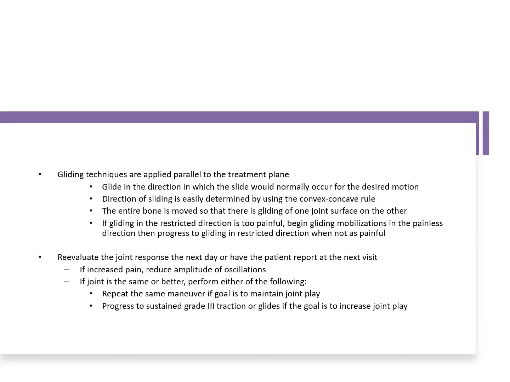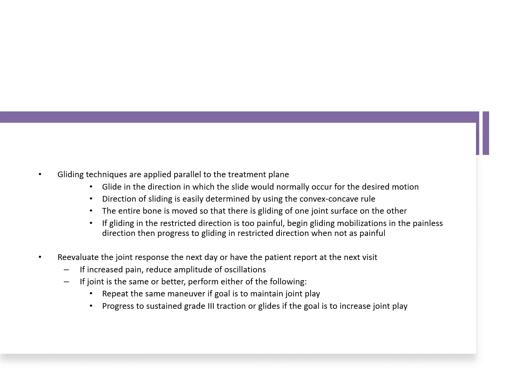So let us summarize what we learned so far. Gliding techniques are applied parallel to the treatment plane or perpendicular to the convex or the moving surface. Glide is in the direction in which the slide would normally occur for the desired motion. Direction of sliding is easily determined by using the convex-concave or concave-convex rule.